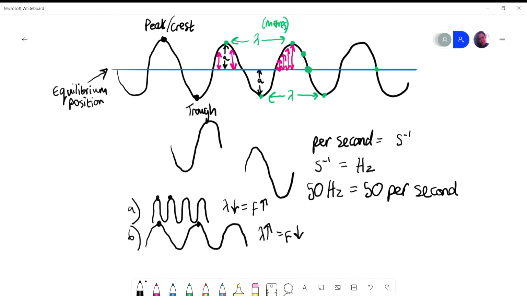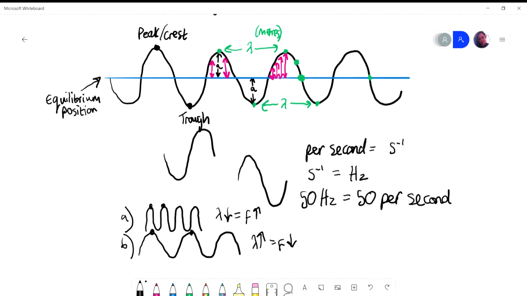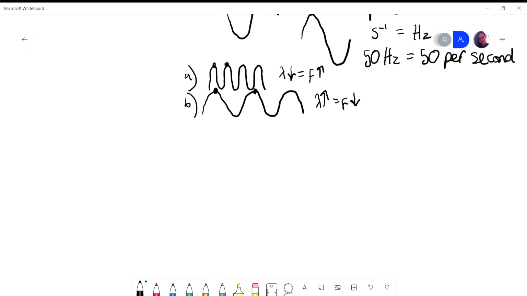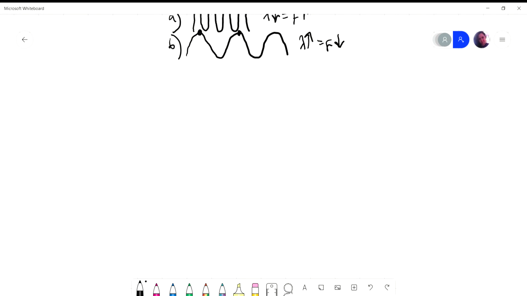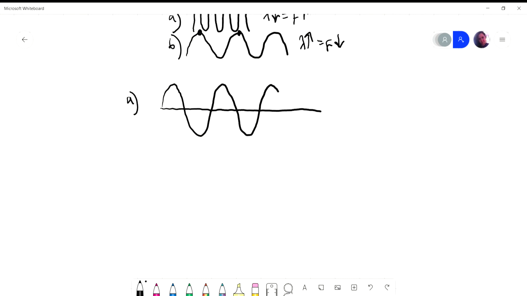And let's then have a look at sound in particular. So I'm going to draw a few examples. Again, A. I'm not going to do it with a ruler just because I'm lazy. But if we imagine, okay, this is A, and so on. B. Again, let's draw my equilibrium position.